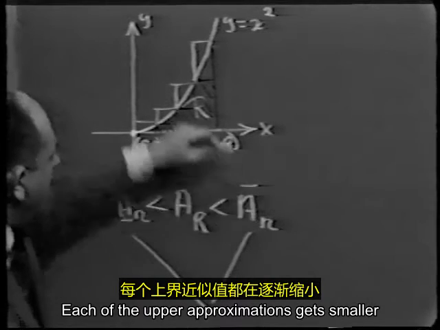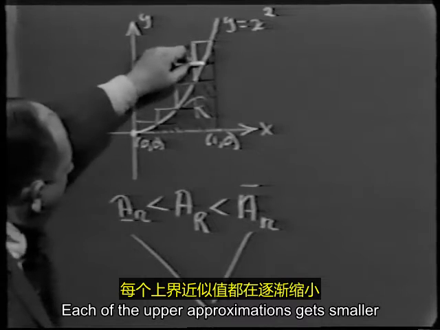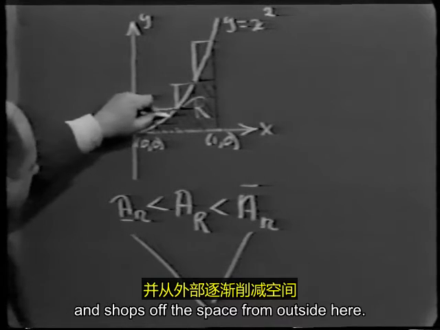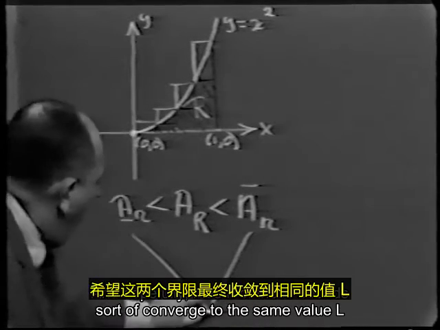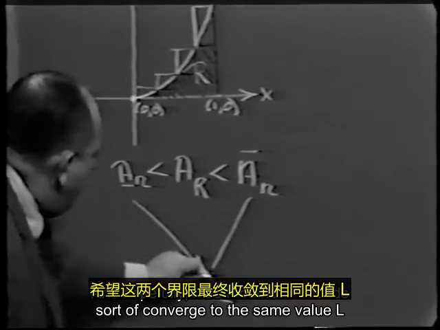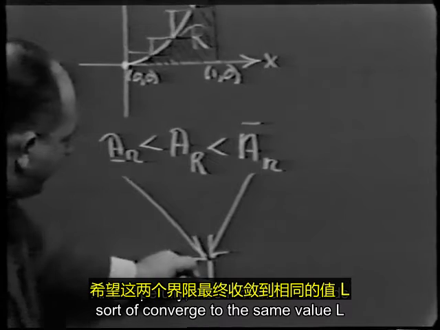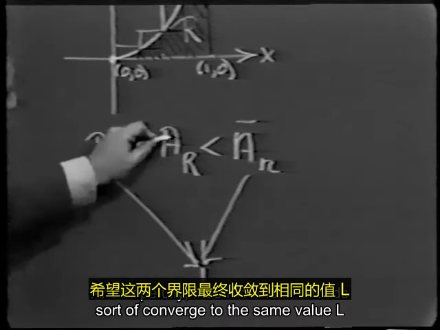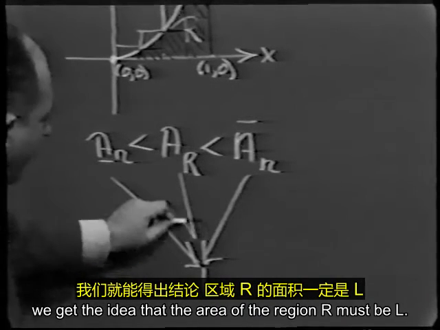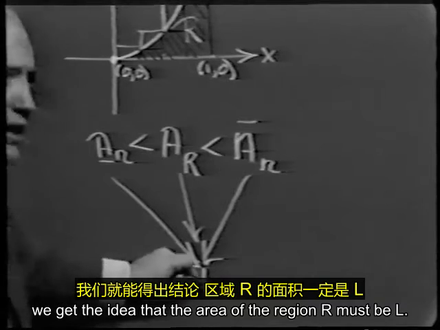Each of the upper approximations gets smaller and chops off the space from outside here. And hopefully, if both of these bounds sort of converge to the same value L, we get the idea that the area of the region R must be L.